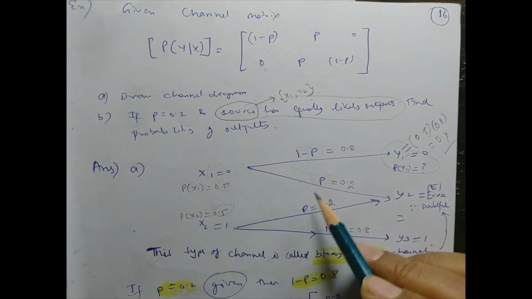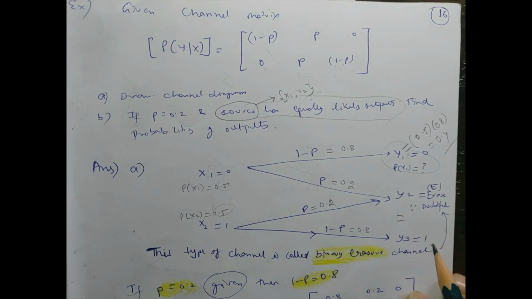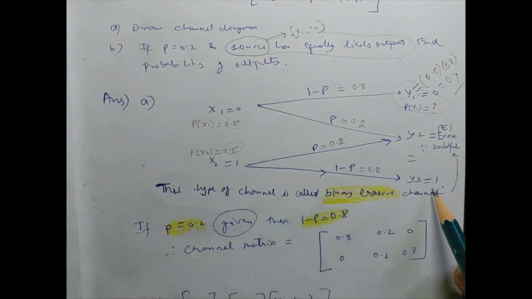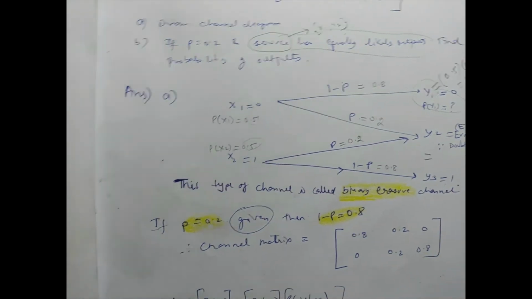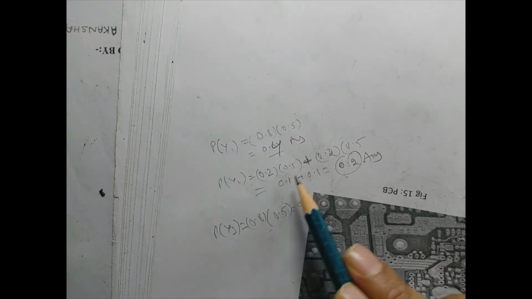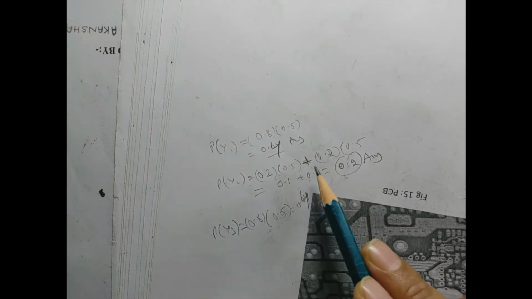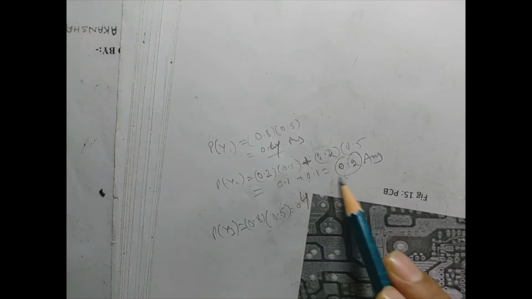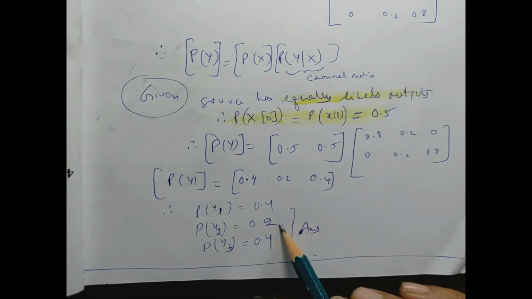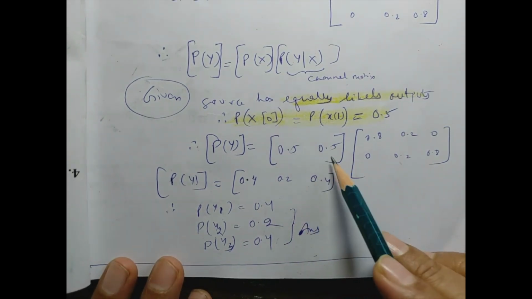So this into this plus this into this will give you this one. Similarly, this one will be given by this into this, which numbers are same, so it will be 0.4 again. I think I have done it here. So the probability of y2 can be generated in two ways, and you sum it up and get 0.2, 0.4 for others. So that is the correct answer, and you can do it by the general method also.